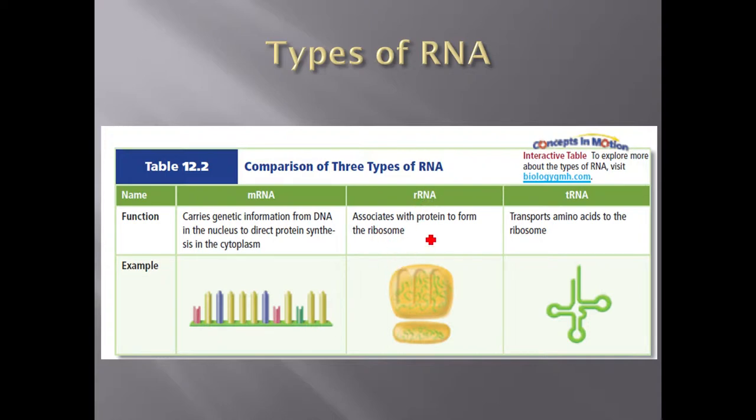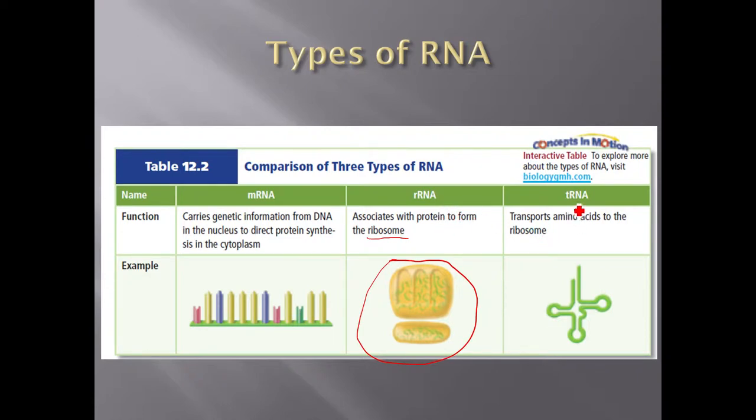It's a combination of RNA molecules that form something we call a ribosome. If you remember from the cell biology part, ribosomes are the organelle that makes proteins. So now you know that ribosomes are actually made up of RNA.